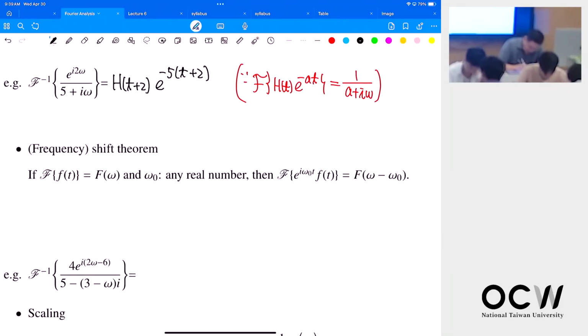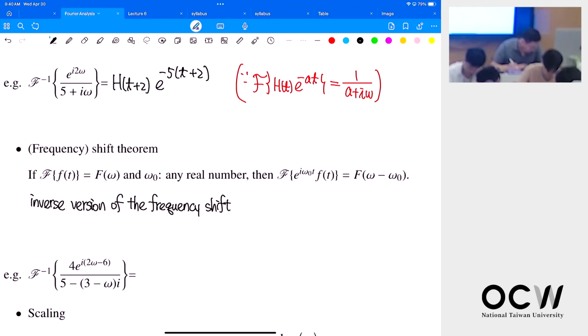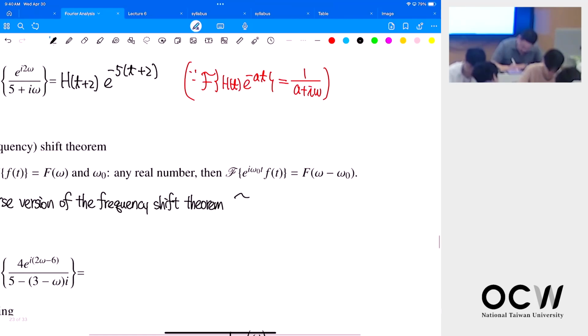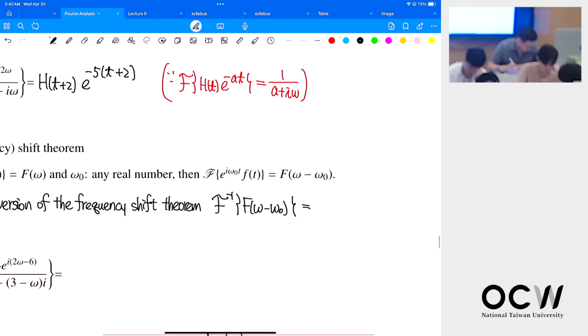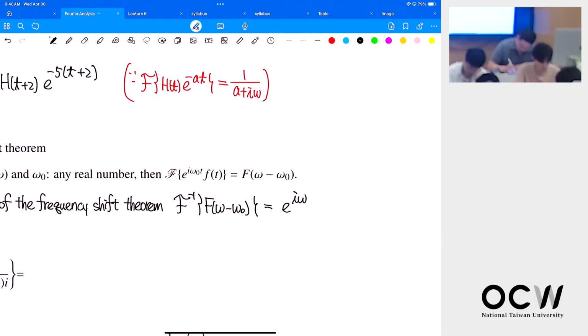The inverse version of the frequency shift theorem is: if I shift in frequency domain, then in time domain I just multiply f of t by e to the j omega naught t.